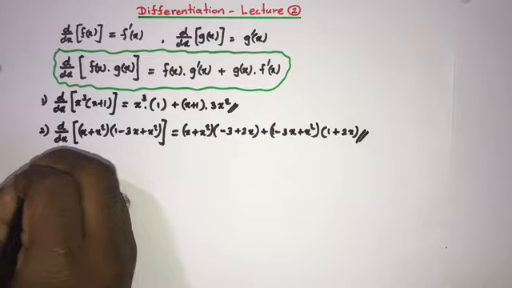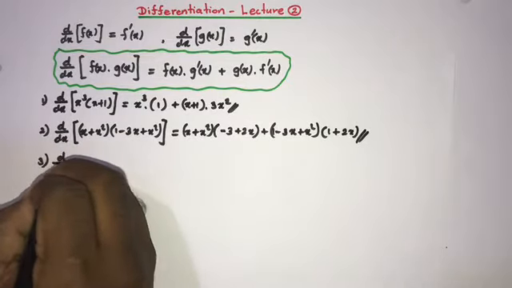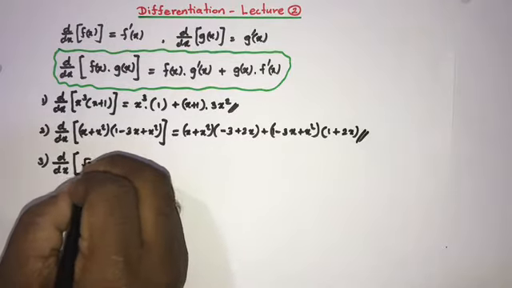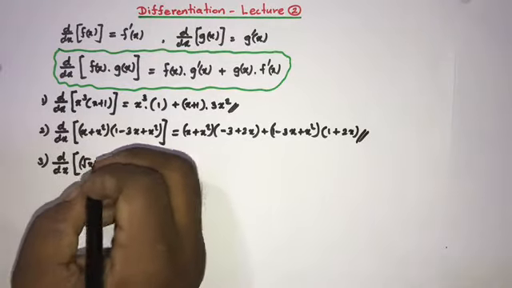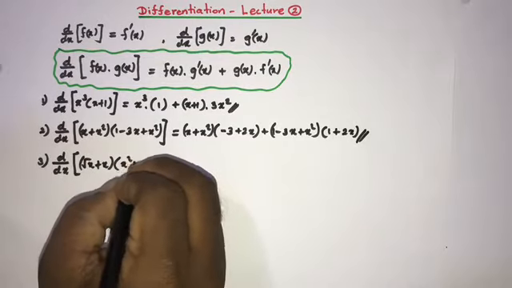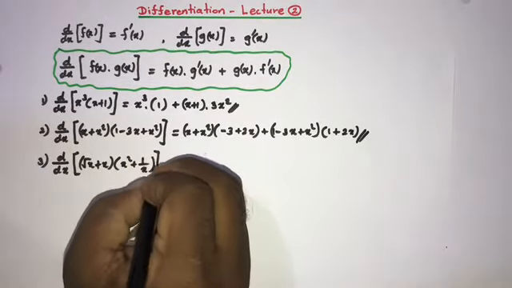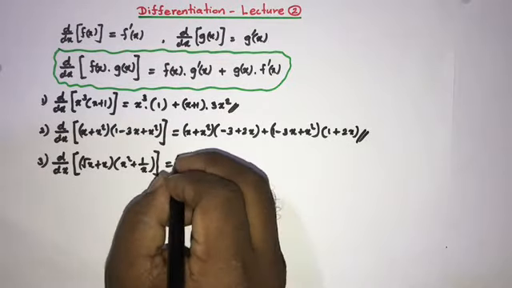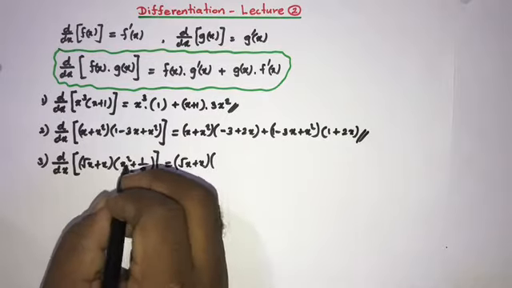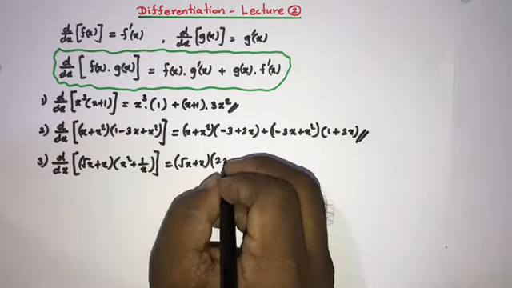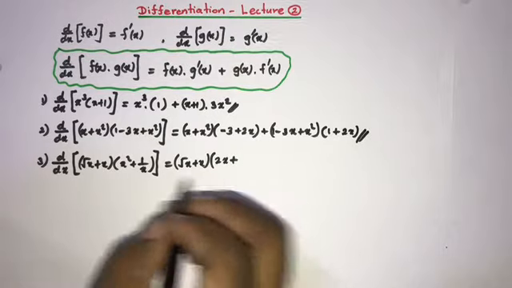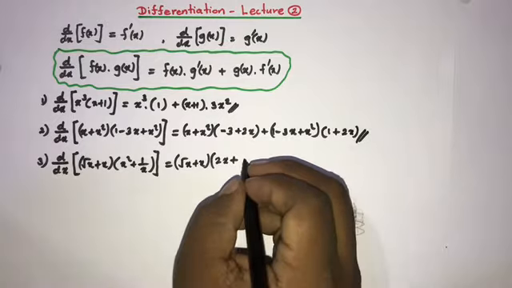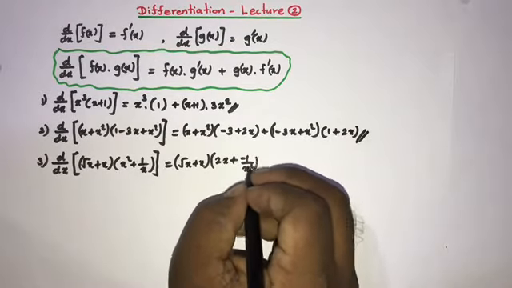Okay, then third example. So if we take the derivative of square root of x plus x times x square plus 1 over x. Okay, now rewrite the first function, so square root of x plus x, then the derivative of the second function, we know the derivative of x square is 2 times x, here plus, then the derivative of 1 over x, which is minus 1 over x square.